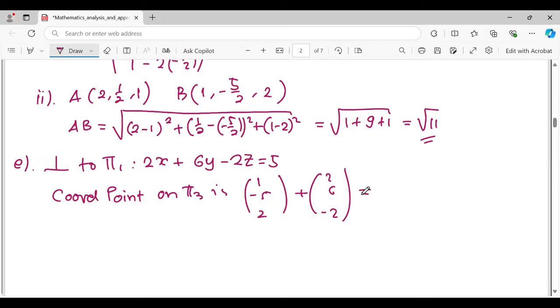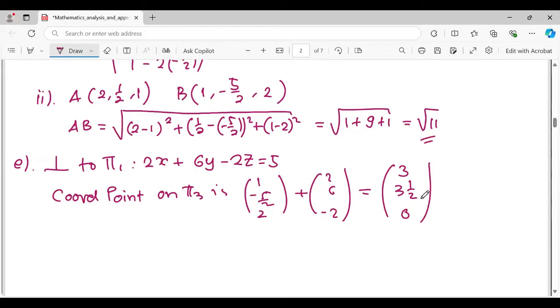Okay. This is minus 5 half. So it becomes 3, 3 half, and then 0 because 2 minus 2.